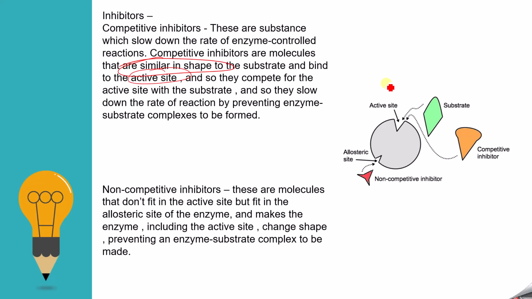So imagine this competitive inhibitor is like your long lost cousin from Asia who's really good at his or her studies and really competes for the active site. Yeah, weird analogy, but anyways, hopefully you get the idea.